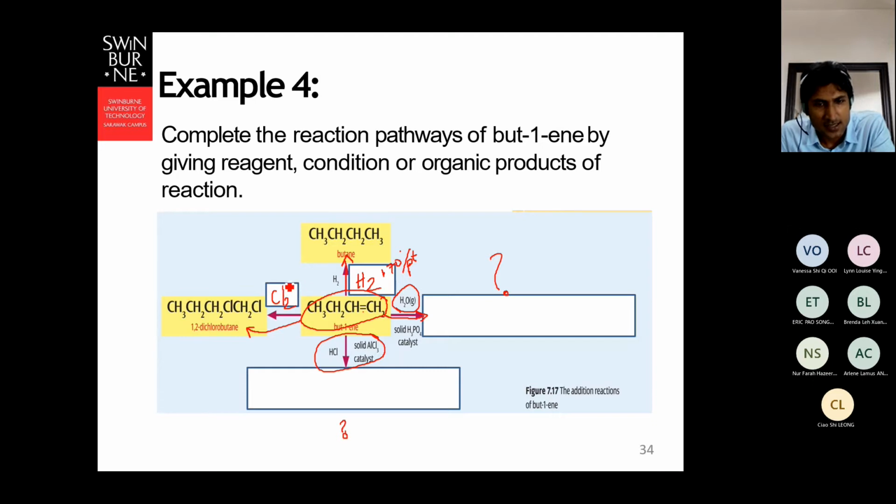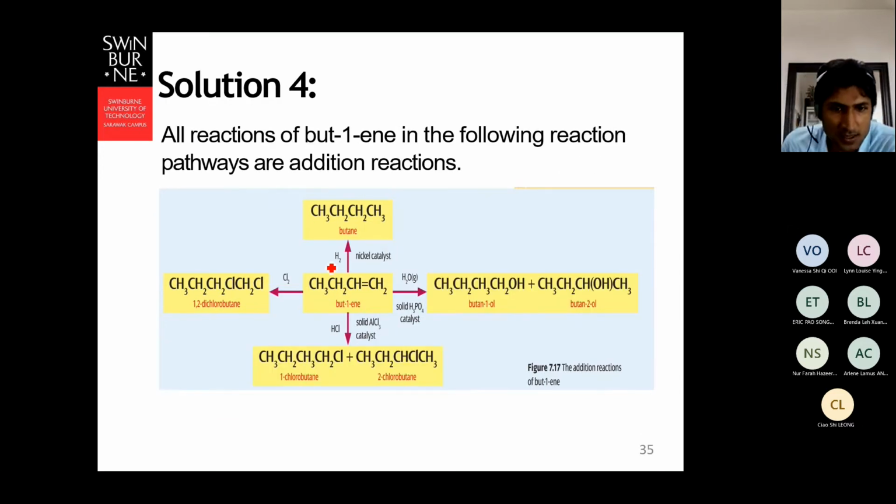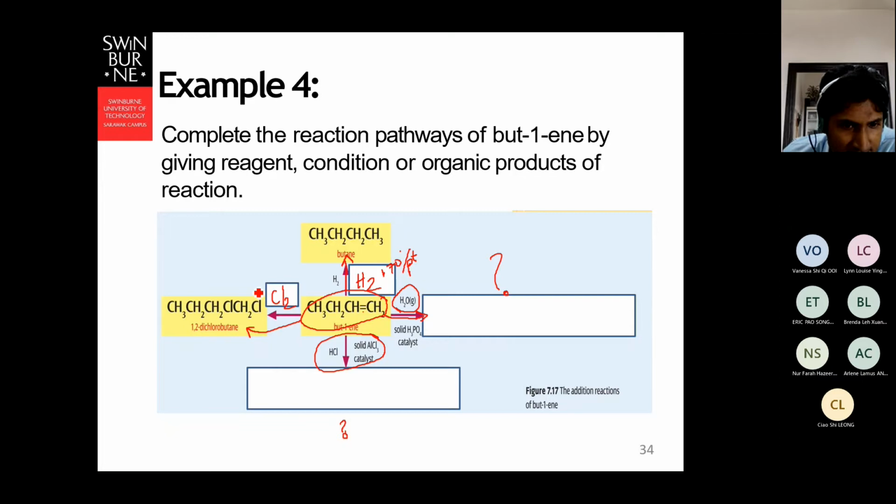When there is water and phosphoric acid, in the presence of water vapor, it will produce an alcohol, butan-1-ol, or butan-2-ol as well. So the hydroxyl is going to attach here and attach there as well.